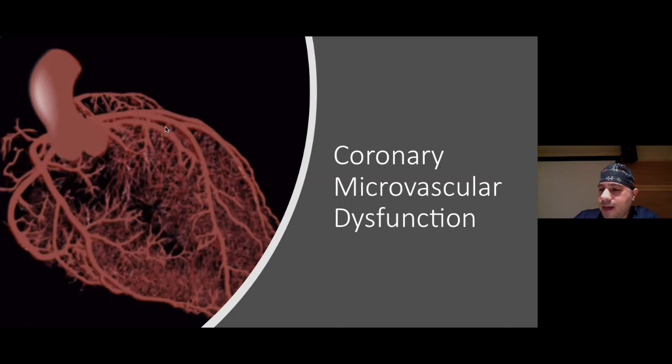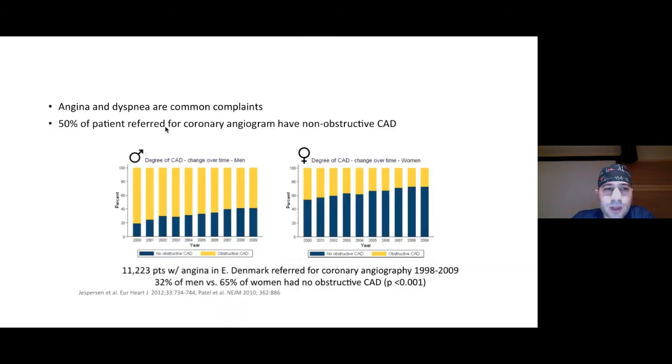So in terms of use of intracoronary physiology for coronary microvascular dysfunction, it's important to assess patients as a whole. Angina and dyspnea are common complaints among our patients, and 50% of patients referred for coronary angiogram have non-obstructive coronary artery disease.